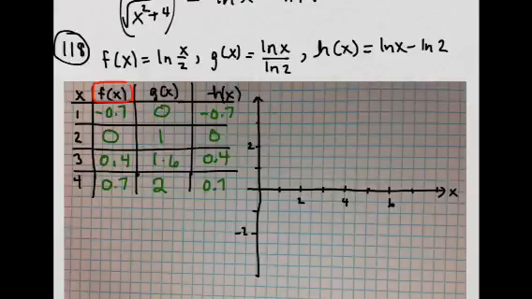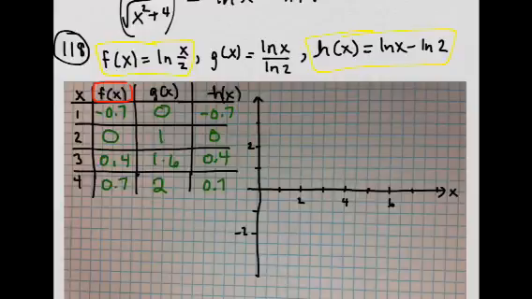Alright, so on 118, it's asking you to pick the two that are identical. And just by knowing the properties of logs, we know that f of x would give us the same graph as h of x, because the log of a quotient is the same as the difference of the logs. So g of x should be different.